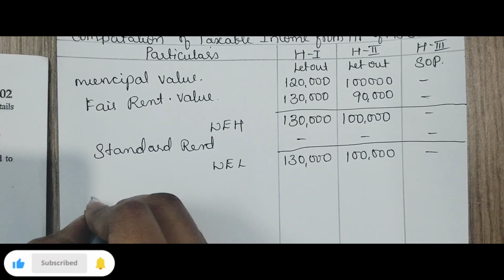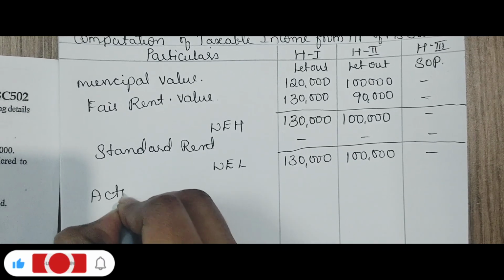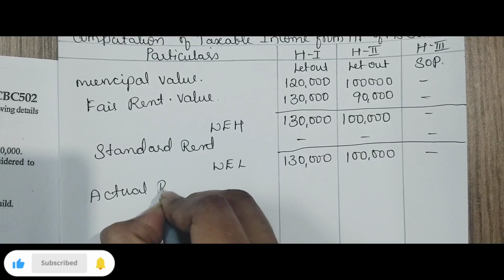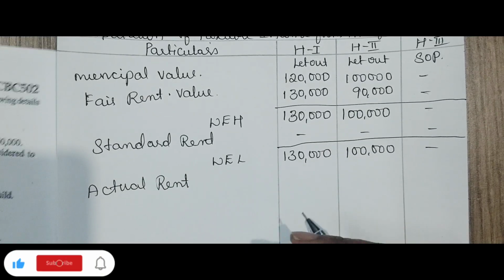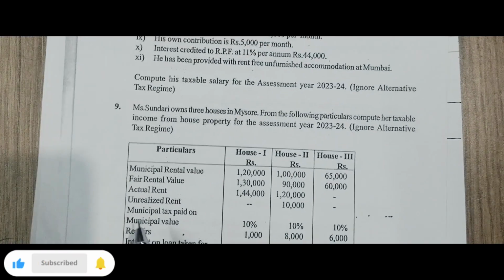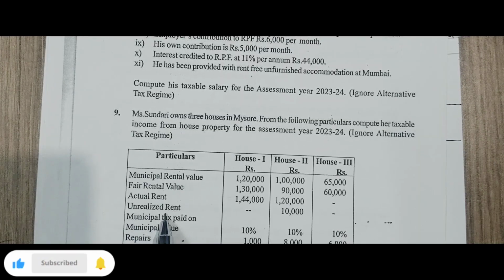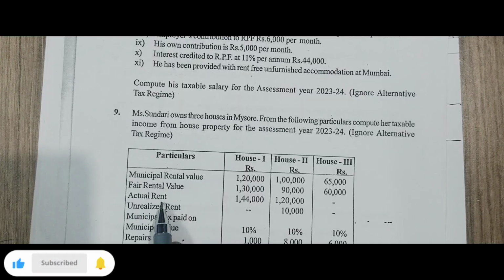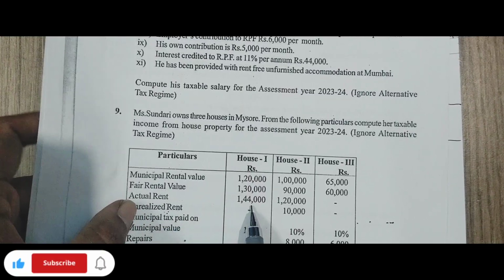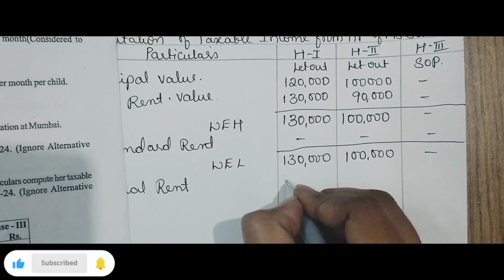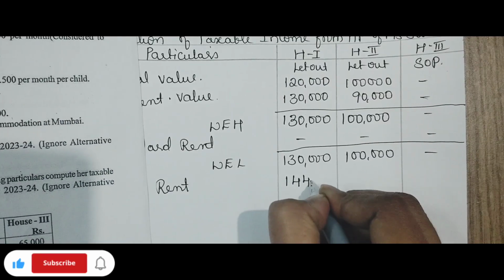Now, with this you compare the actual rent. For actual rent, there is an adjustment, the unrealized rent, which should be deducted from the actual rent. For house 1, there is no unrealized rent, so take it as it is.